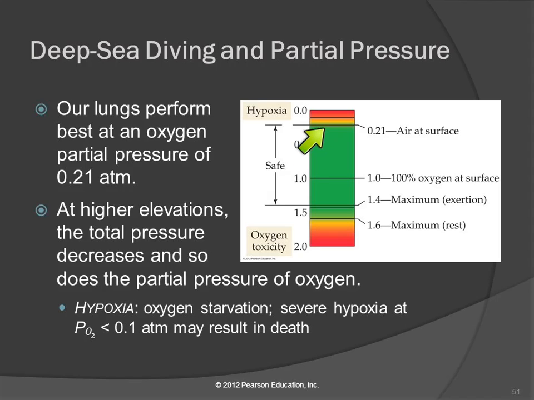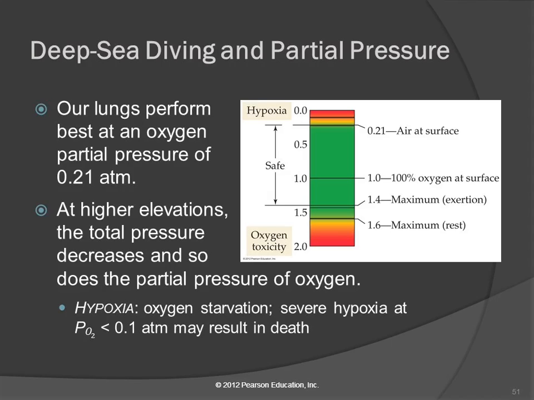As you increase the amount of oxygen, you can get to actually an oxygen toxicity. So 1.6 would be the maximum of oxygen, and above that is oxygen toxicity, and you can be killed with too much oxygen.